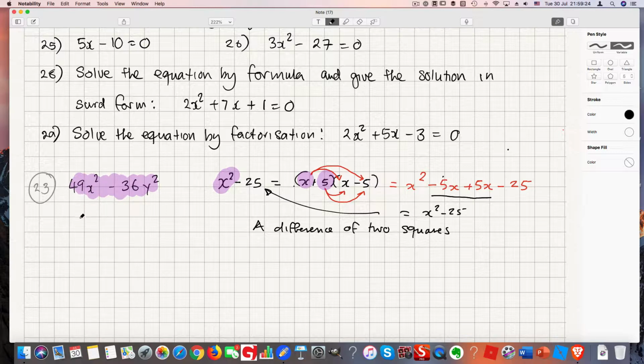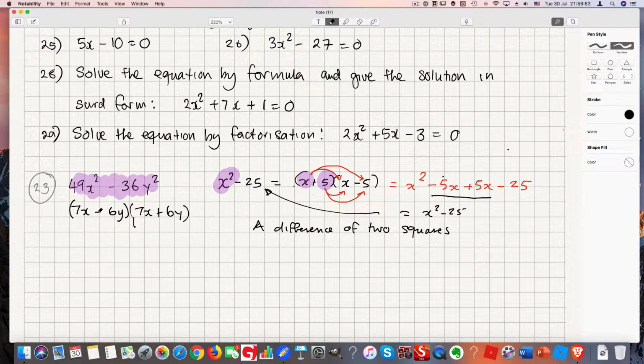Square root of 49x squared is just 7x, because the square root of 49 is 7 and the square root of x squared is x. The square root of 36 is 6, and the square root of y squared is y. So it's going to be 7x minus 6y times 7x plus 6y. You notice you have 7x, 6y, 7x, 6y.